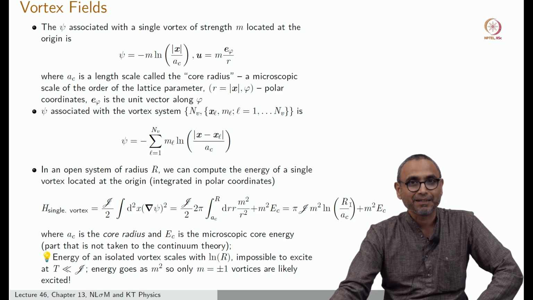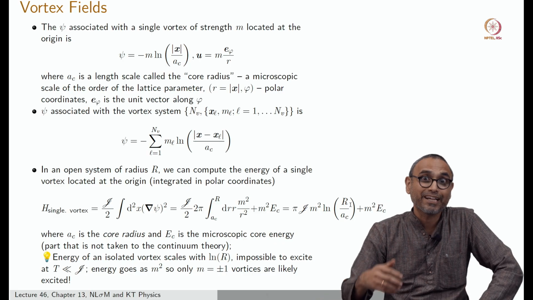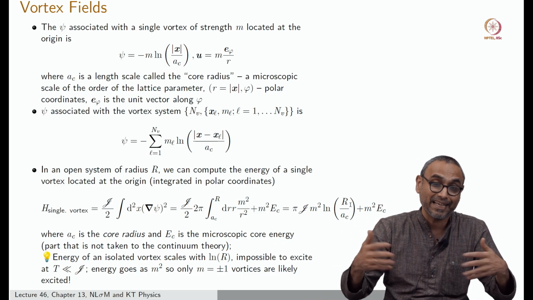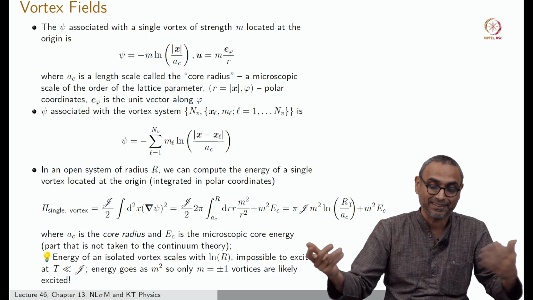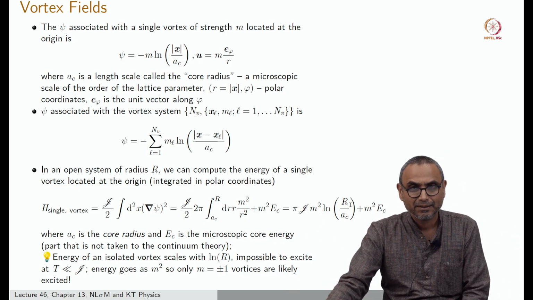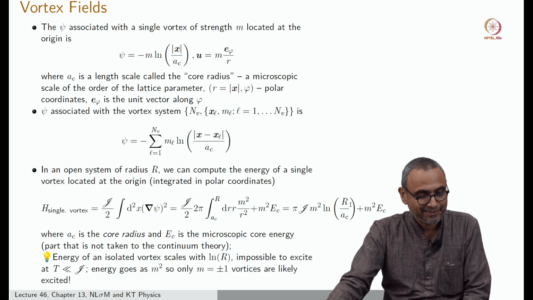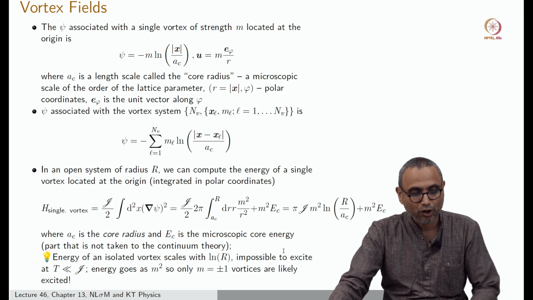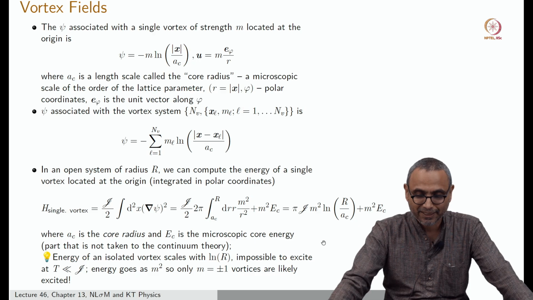So this is terrible, because it's telling you that you cannot excite a vortex because the energy of the vortex goes as log of the system size. So you may wonder why even worry about this, right? And E_c is what is called the microscopic core energy, which is not taken into account in the continuum.